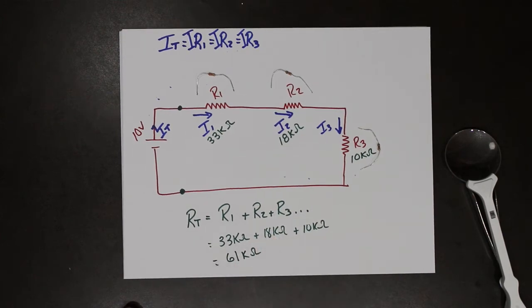So 61 kiloohms. Our total resistance in this circuit is 61 kiloohms.